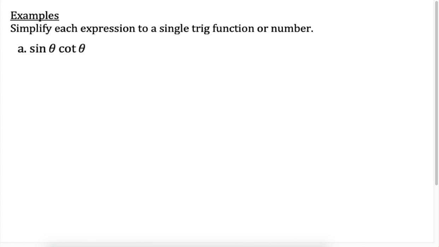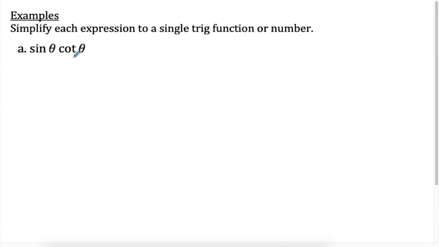So let's jump into those problems. All these examples on the back of your note sheet say to simplify each expression to a single trig function or number. So when we're doing problems like this, we are going to need to change pieces into equivalent forms. For example, on this one, I know that cotangent is equal to a few different things. I know that cotangent is equal to 1 over tangent.